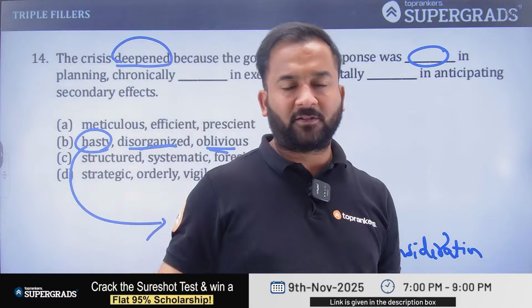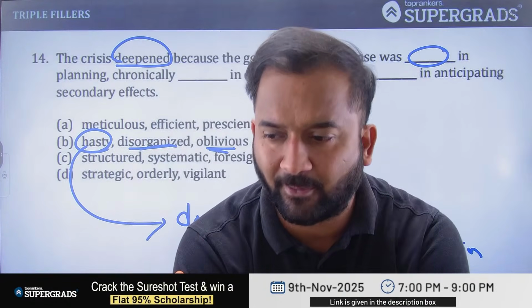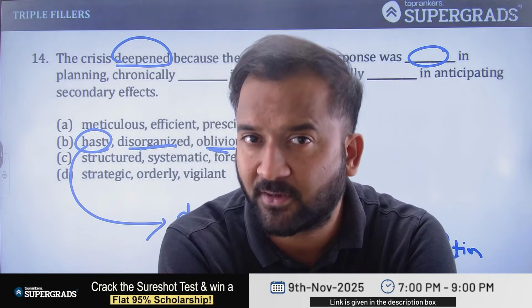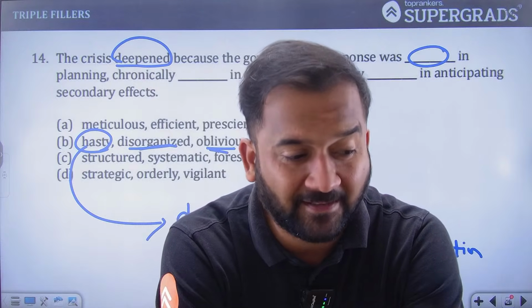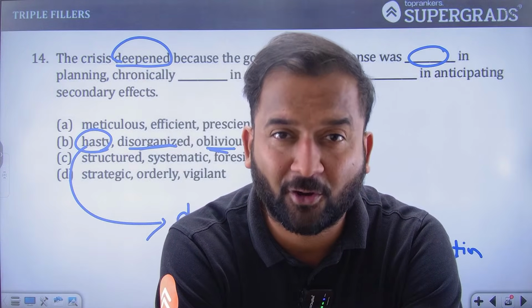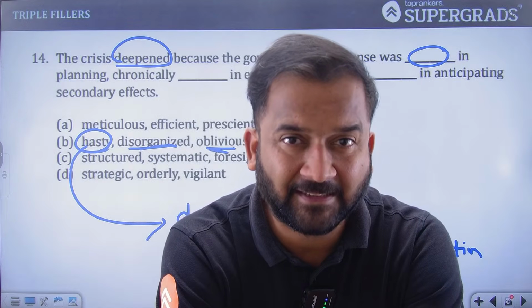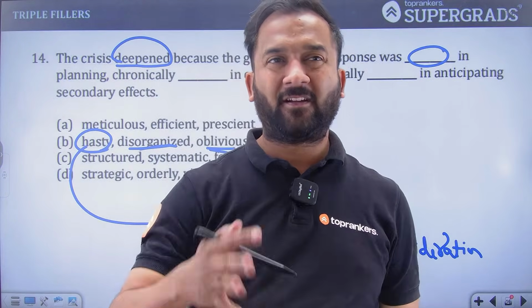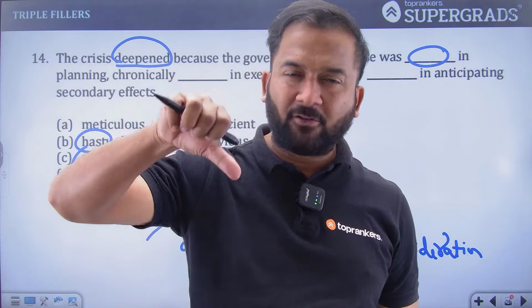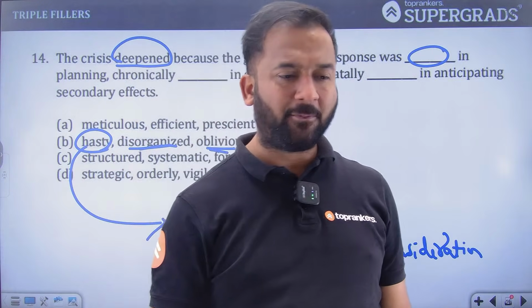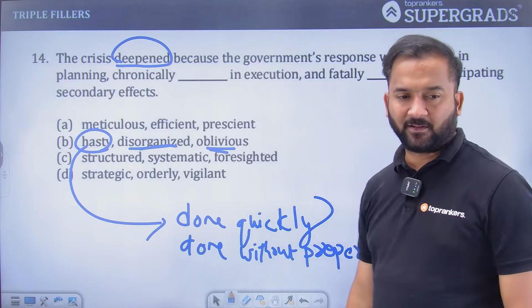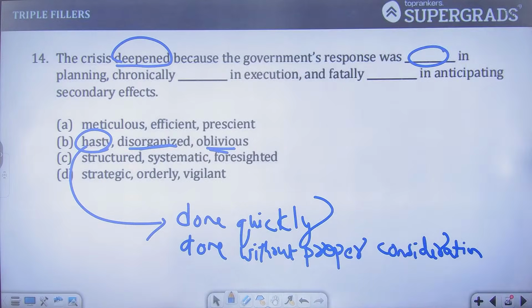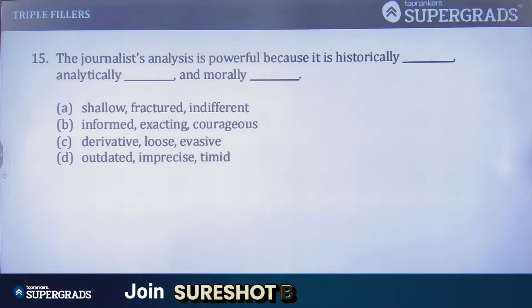All other words, students, all the other words that you have in the options, are positive words. So had there been a positive word, the crisis would not have deepened. Crisis deep hua or gambhir hua because government का response was not good. So you need a negative word in this question. Negative, positive से भी आप चीजें समझ सकते हो. That's question 14. Let's move to question 15 now.